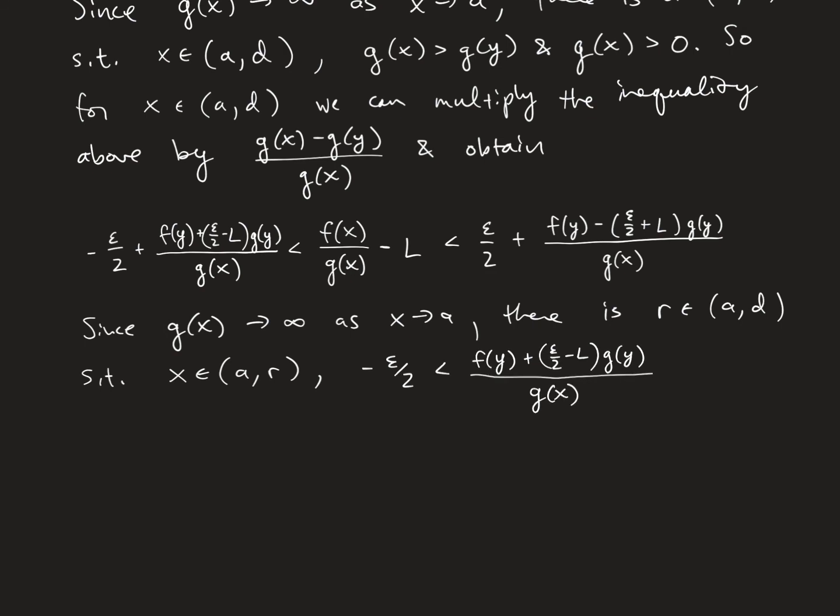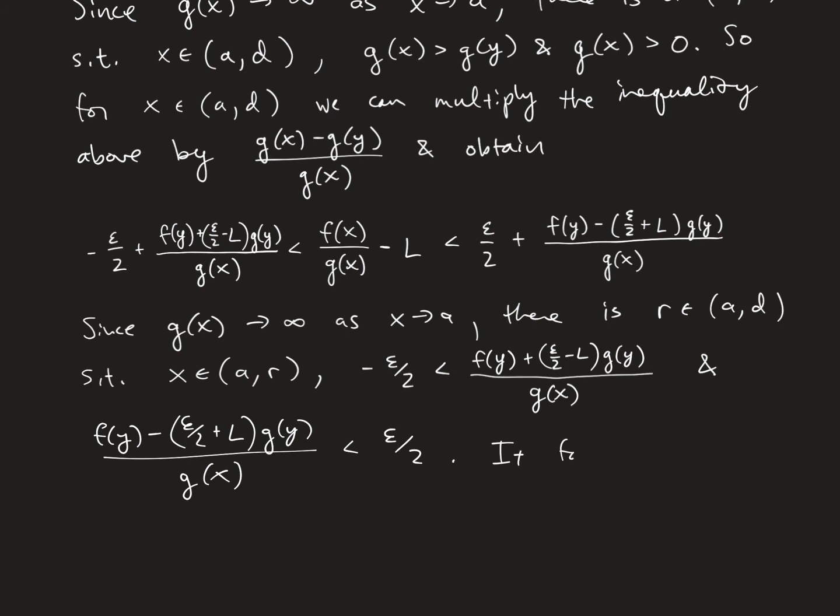Right, we have to be able to make this thing close to 0, so it's got to be greater than whatever this negative epsilon over 2 is, and f of y minus epsilon over 2 plus L times g of y over g of x is less than epsilon over 2.